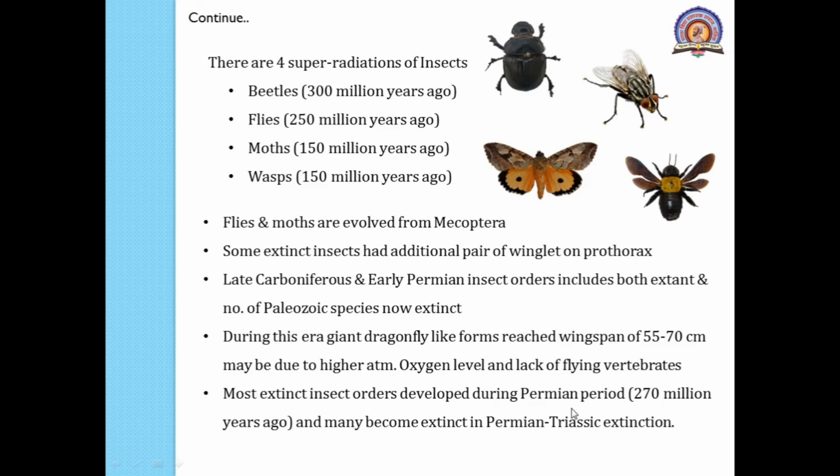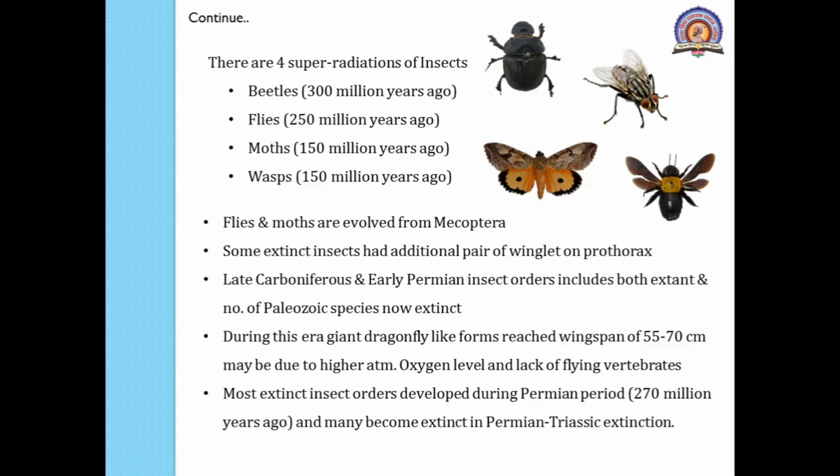Now there have been a total of four super radiations of the insects that arose on planet Earth. The first super radiation belongs to the beetles, and it happened around 300 million years ago. The second super radiation happened with the flies, around 250 million years ago.